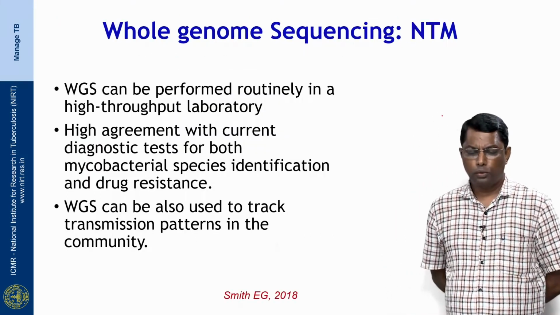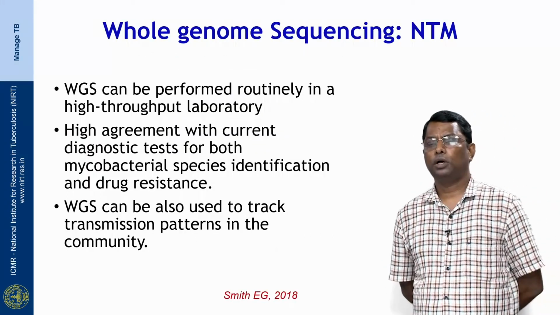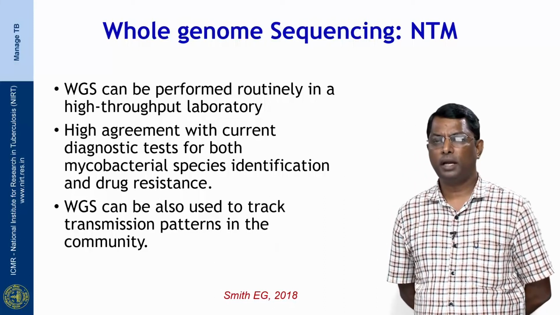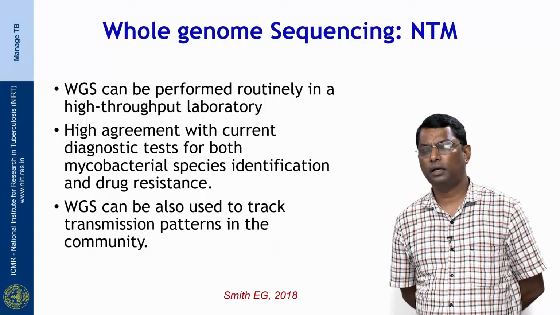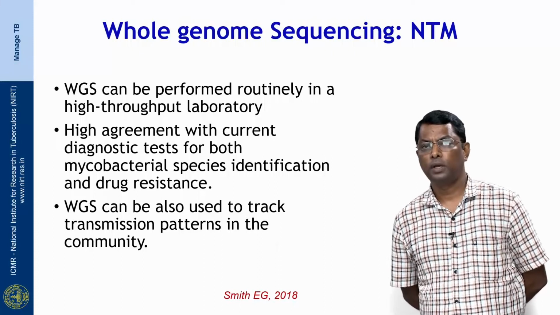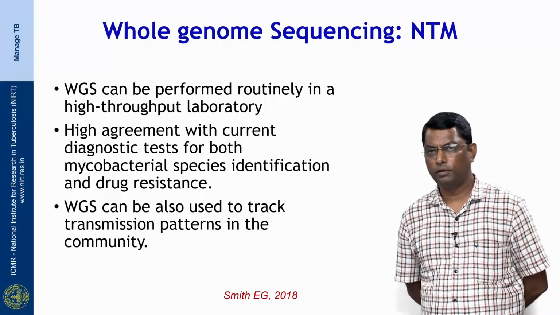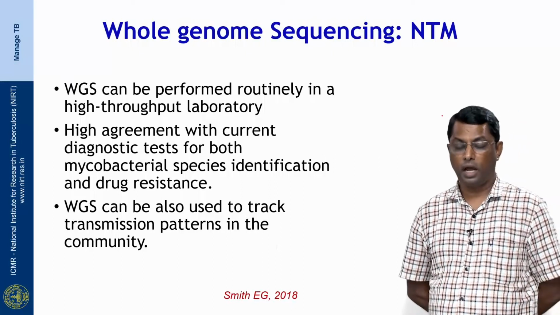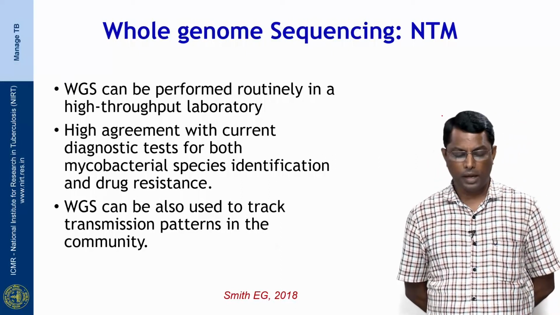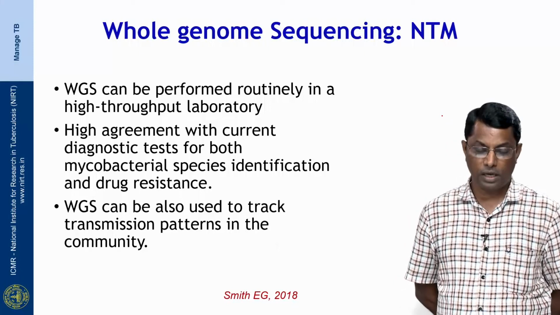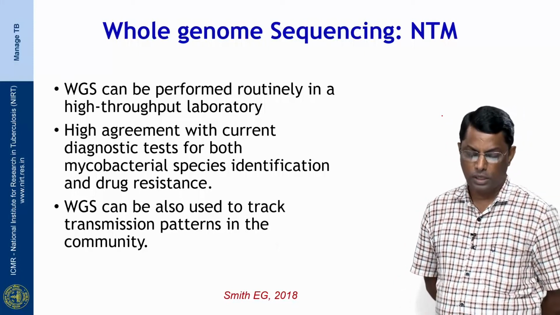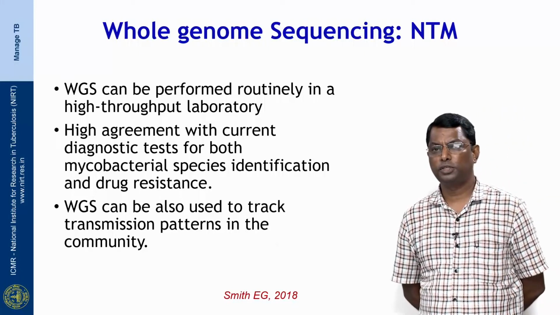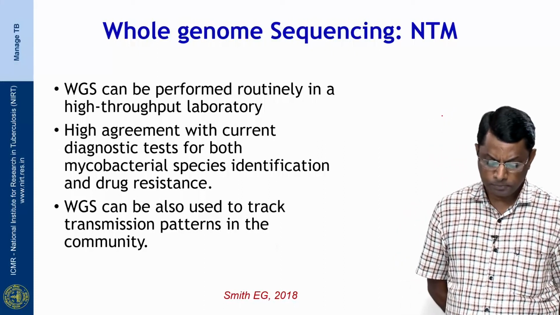Now, the ultimate tool is whole genome sequencing. This cannot be directly done on sputum, but can be directly done on the culture, which is available either from liquid medium or solid medium. WGS can be performed routinely in high throughput laboratories only, and this has high agreement with the current diagnostic method, and it can be used for both mycobacterial species identification and drug resistance.